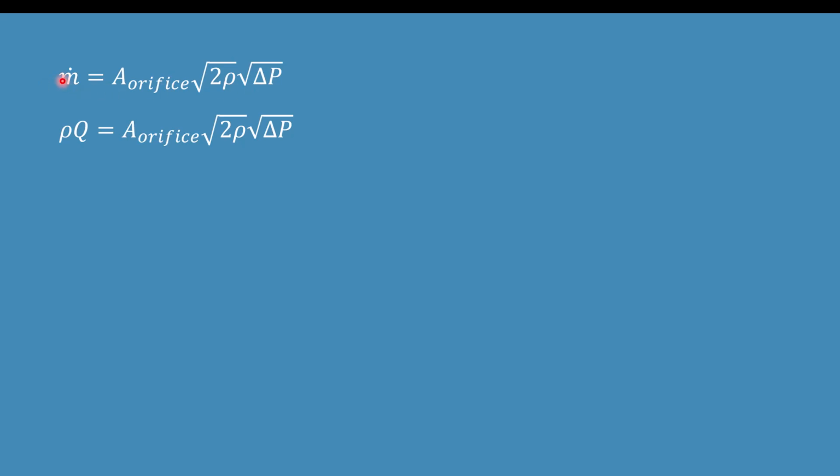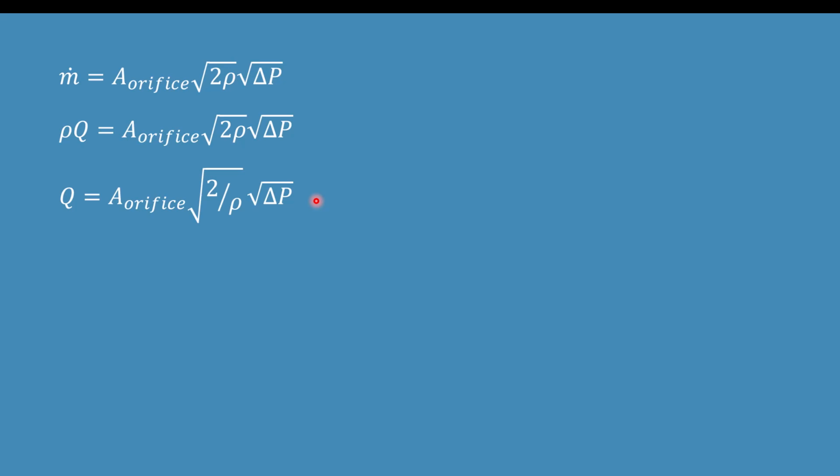And since it is mass flow rate, and I am interested in the volumetric flow rate in the CV formula, I will put the density times the volumetric flow rate instead, and we will have this form. And I will put the density to the other side of the equation, and it is going to be somewhere in the denominator.